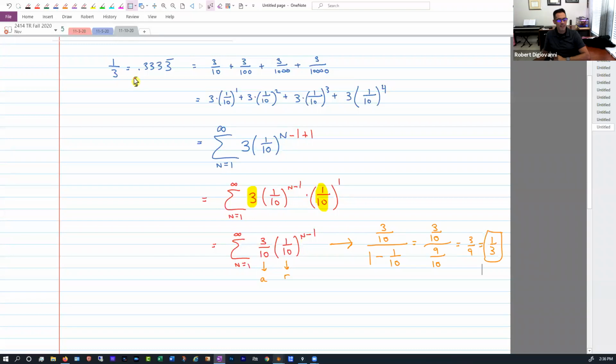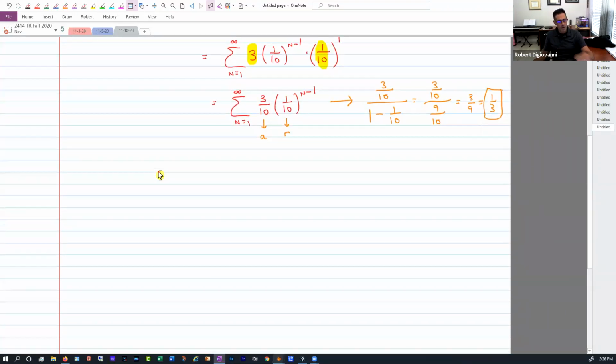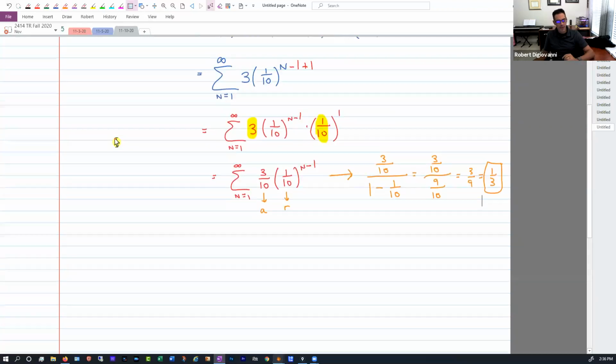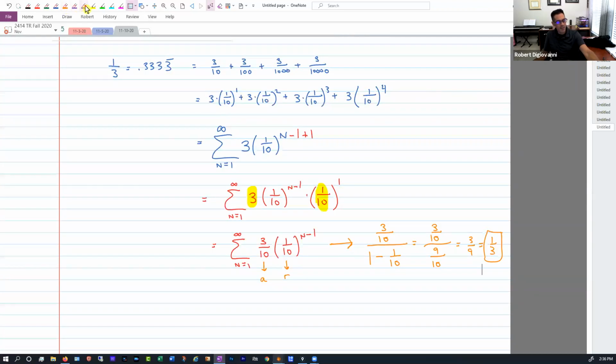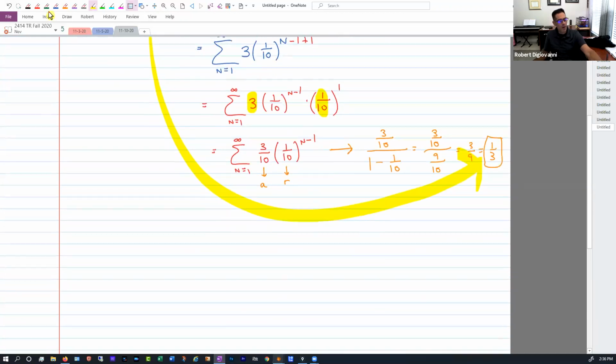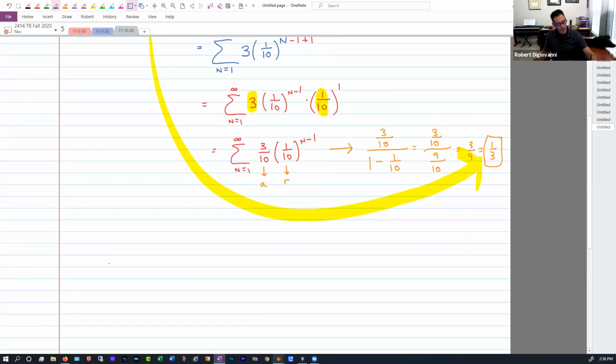Now I'm showing you that because now I have another question. If this repeating decimal that I just showed you can be rewritten as that fraction, then what could you say about this repeating decimal?